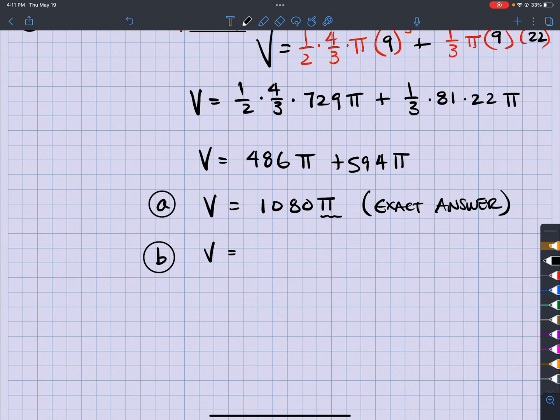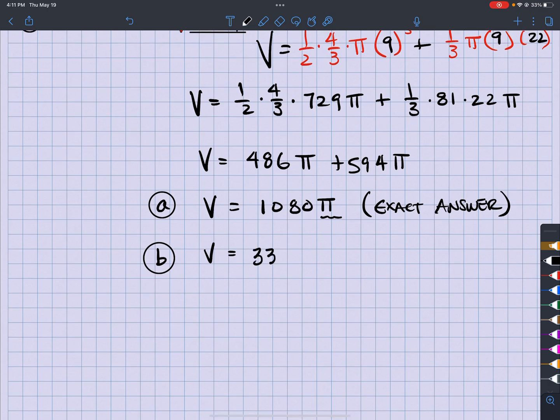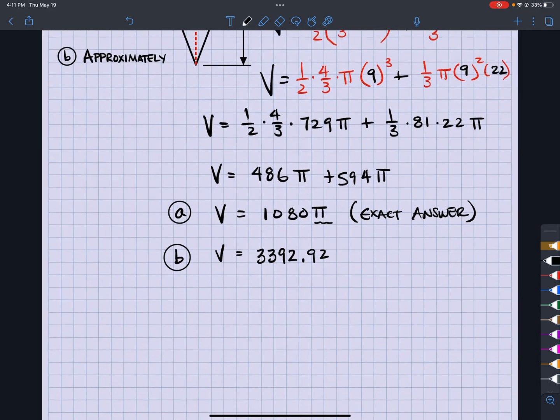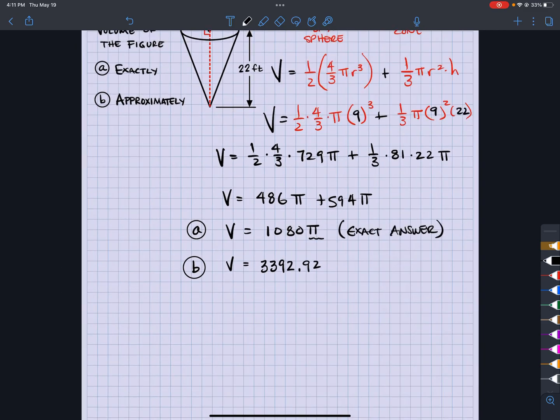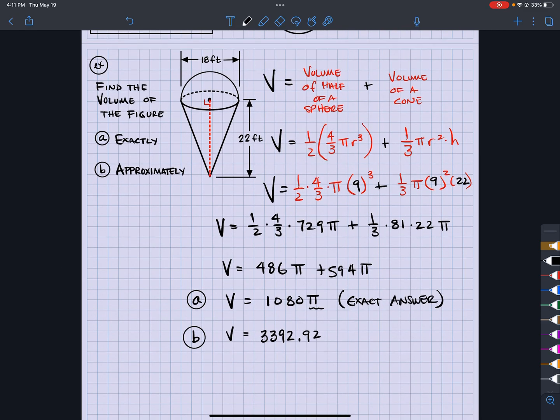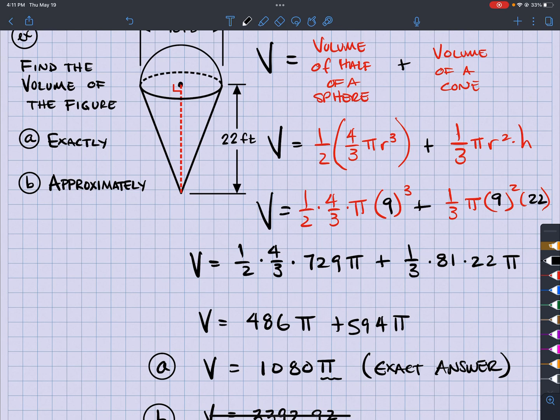Okay, so my volume is going to be 3392.92. And I believe that's right. But what is the measurement? Well, it's in feet. So if you look at this, this is feet times feet times feet, so that's feet cubed.